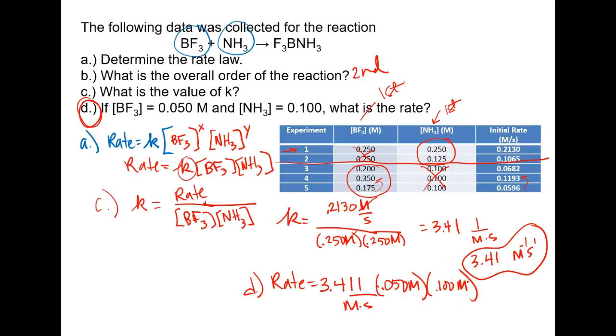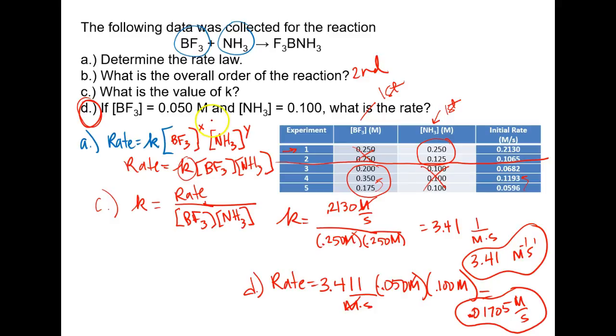And so if we multiply, we get 0.01705. And molarity, one of them would cross out, which means we get molarity per second, which is very appropriate for a rate.